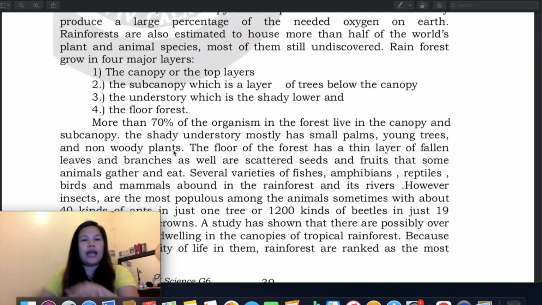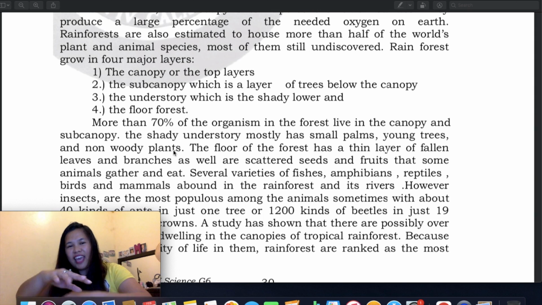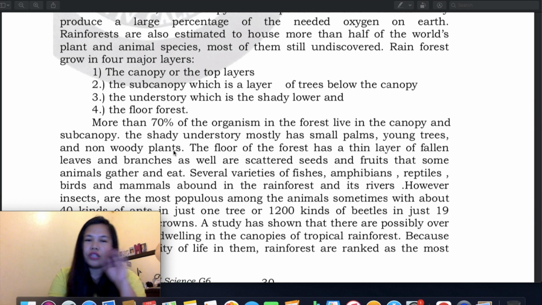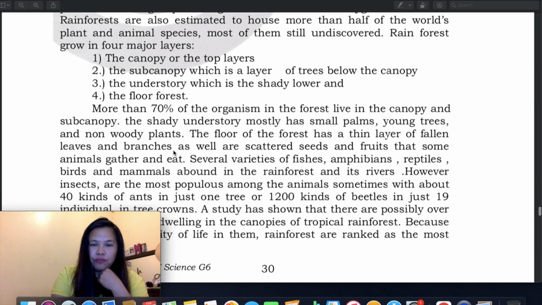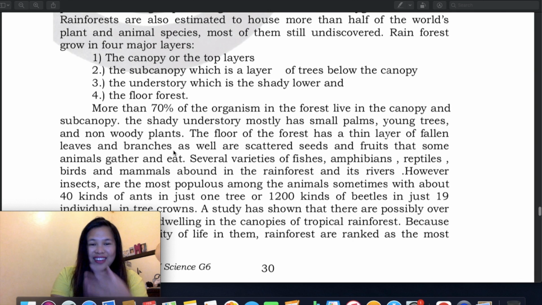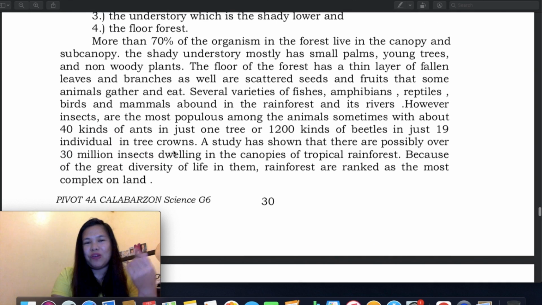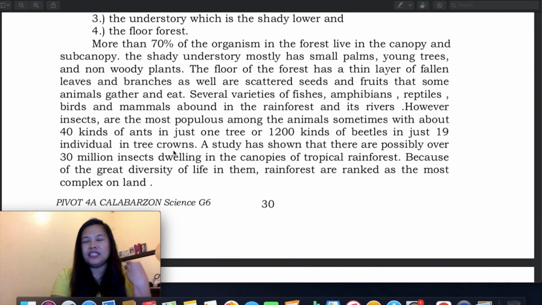Basta canopy, sub-canopy, shady, and the forest floor. So those are the four major layers of the rainforest. So more than 70% of organisms in the forest live in the canopy and sub-canopy.